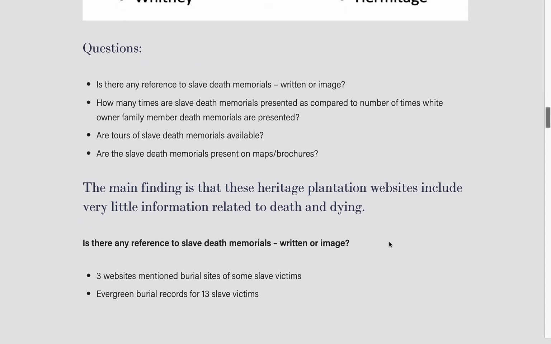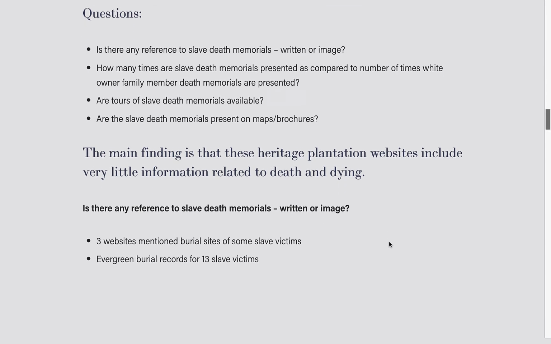Mainly on these websites, there was very little information related to death and dying for either group. And that goes along with this idea of how these plantation spaces function, this idea of having fun. We don't want to think about bad things. We don't want to think about things from the past. Those things aren't very entertaining.